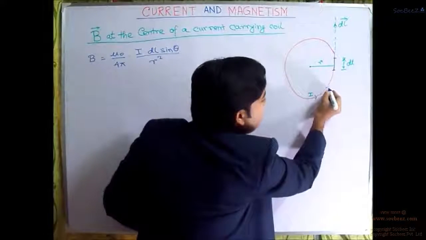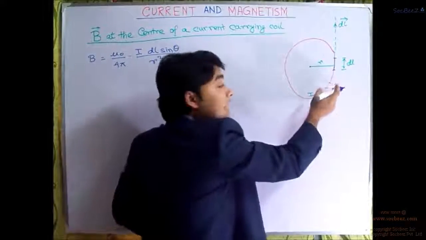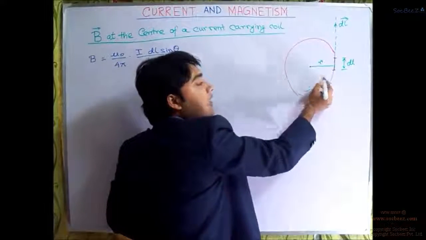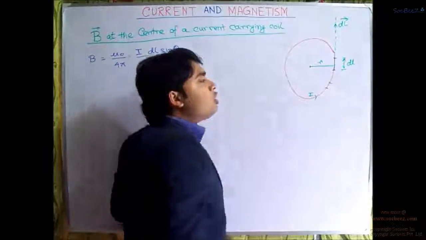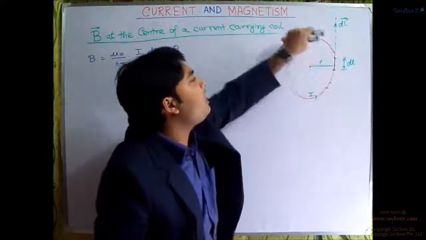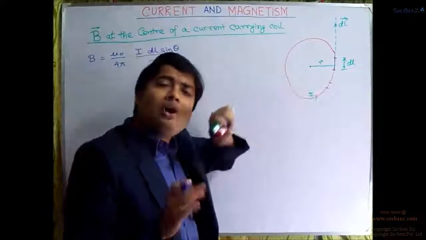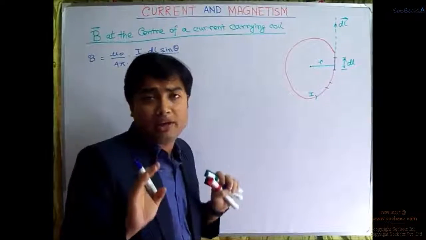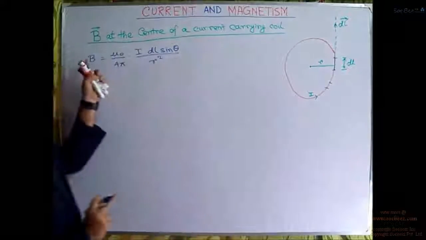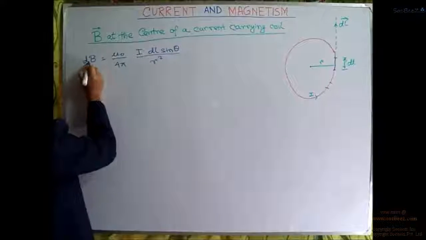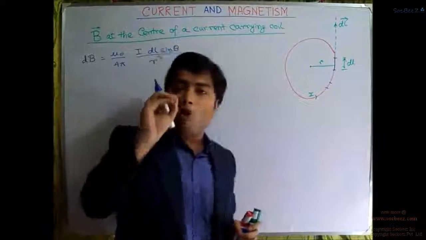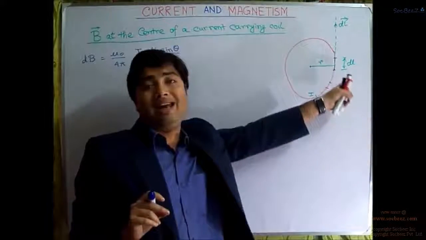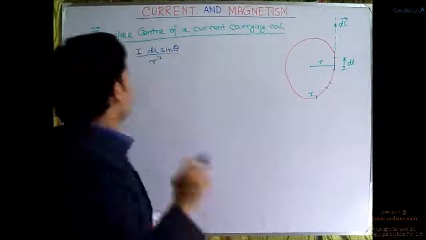Another small length may be like this, and like force, it will create another B in this region. So each and every dl on this coil will make its individual magnetic field. So whatever we are calculating right now will be dB, because this is the small magnetic field we are intending to find for this small length, right?